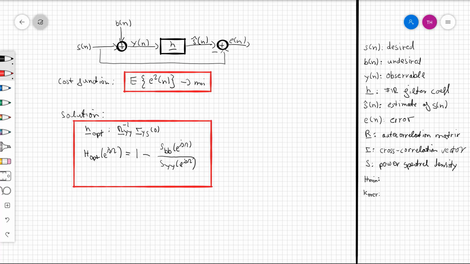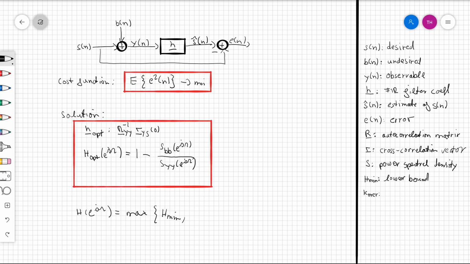In addition to this solution, the lecture introduces modifications catering to the needs of audio and speech processing applications. And the solution here is then that we take the maximum of two values. The first one is Hmin, and Hmin is a lower bound.